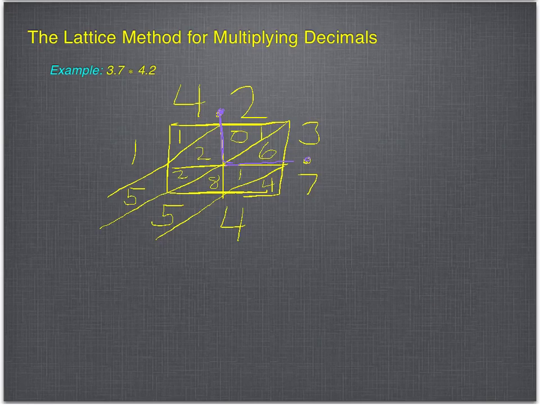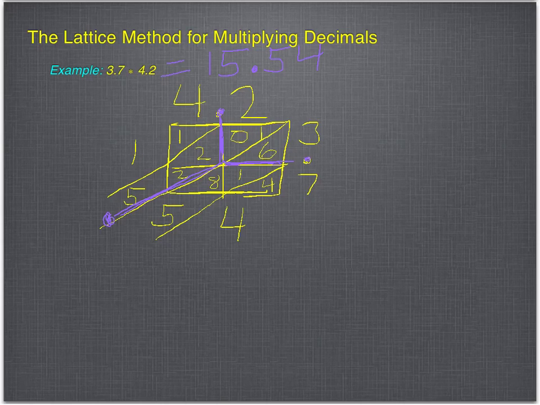They met at that one particular point. Once they meet in the middle of your lattice somewhere, you then draw on the diagonal down, and that spot is where your decimal point goes in the number. So we have 3.7 times 4.2, or 3 7/10 times 4 2/10, equals 15.54. That right there is another advantage that lattice has: it's easier to place your decimal point.